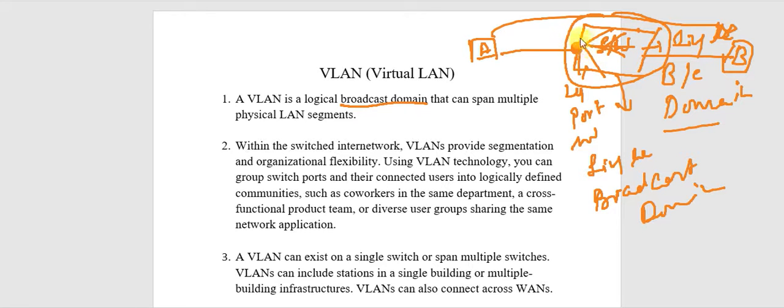This is called a broadcast, because the switch is a single broadcast domain, so the packet goes to all the switch ports to find the MAC address of B. So this is a broadcast domain.